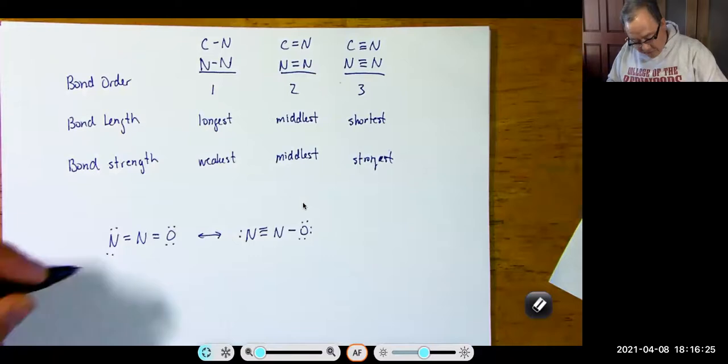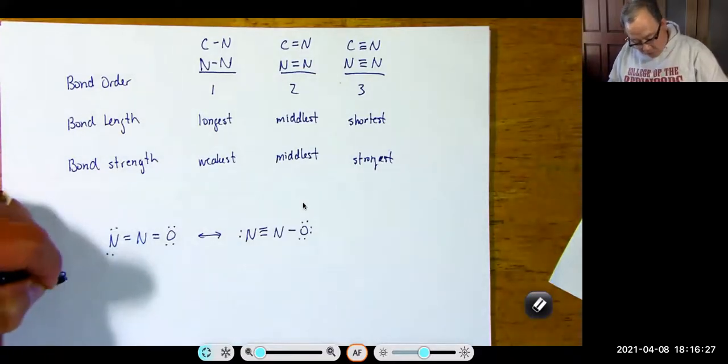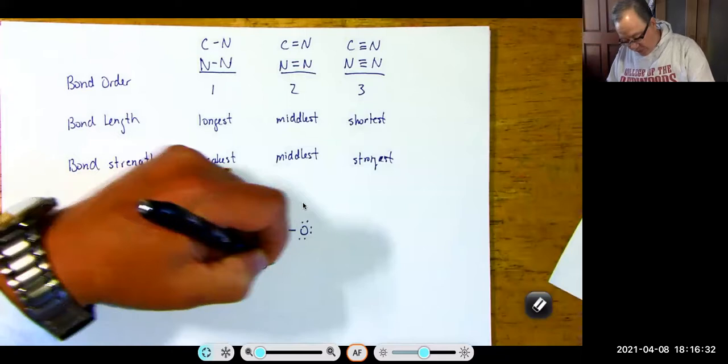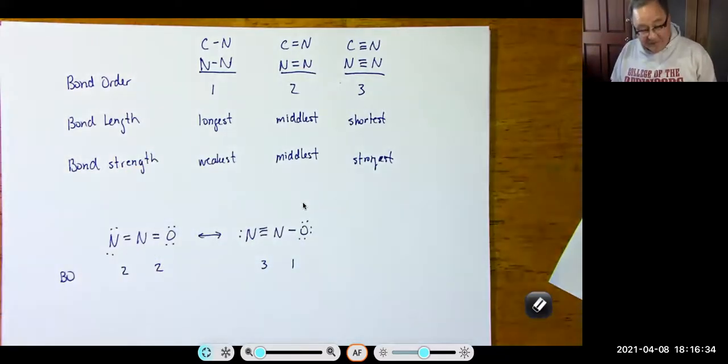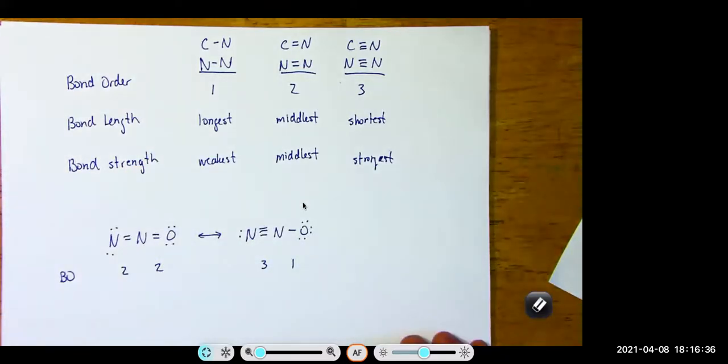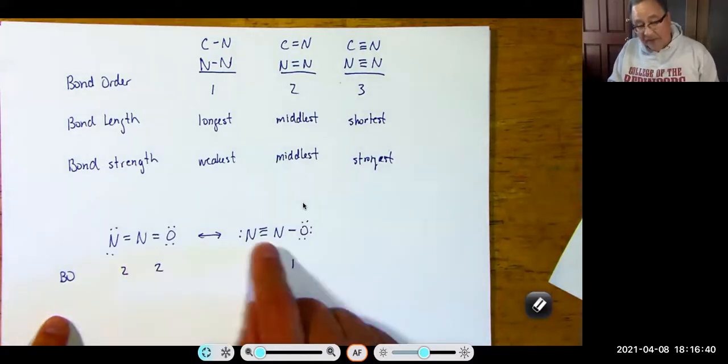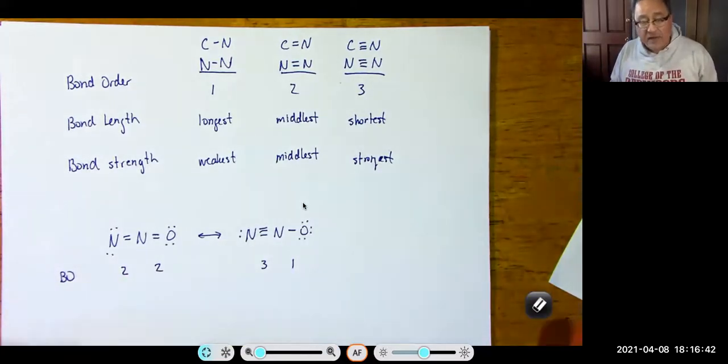So here, when we look at bond order, this is a 2, this is a 2, this is a 3, and this is a 1. Did you follow me there? Okay, but the idea is that this structure is not correct, and this one is not correct either. Neither is correct by themselves, but together they represent the molecule.